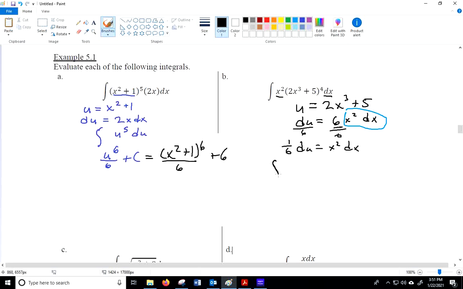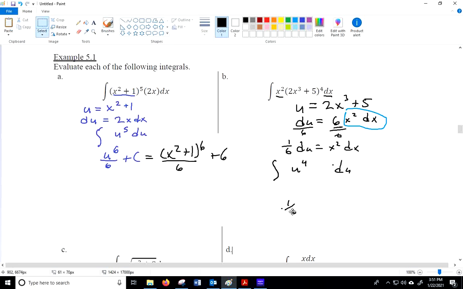Now I can replace everything. And the (2x cubed plus 5) to the fourth becomes u to the fourth. The x squared dx becomes a 1/6 du. But that's just a constant, and I can bring a constant out of my integral.